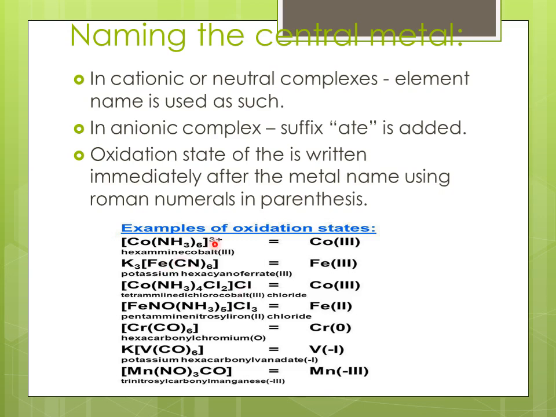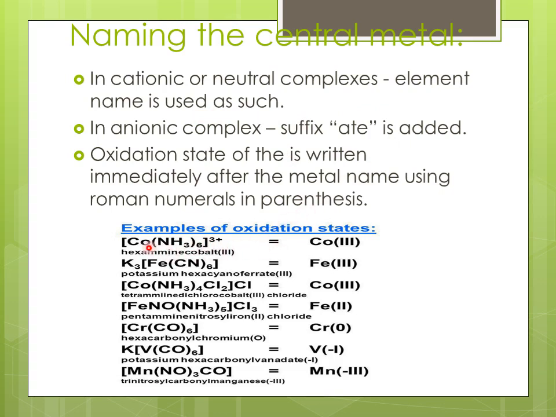Look at this: this is a cationic complex, and these two, not the last one, are neutral complexes. This can also be cationic, and this is a cationic complex, and this is a neutral complex. So there are two anionic complexes. In cationic as well as neutral complexes, the element name, meaning the central metal atom name, is used as such.